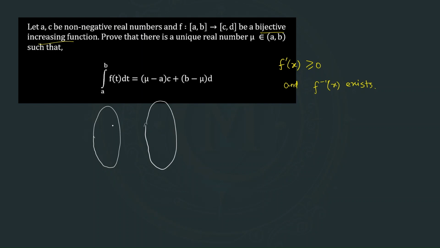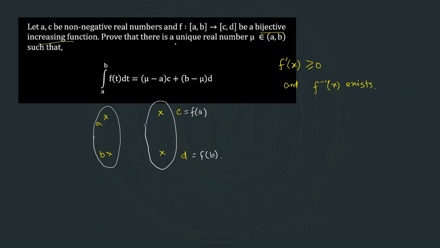And f is an increasing function. That means here somewhere is the element x equal to a, and here is the element x equal to b. So a should map with c and b should map with d because f is an increasing function. That means this c must be equal to f of a and d equal to f of b.